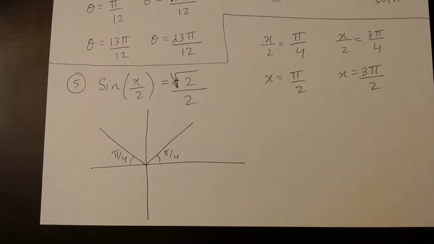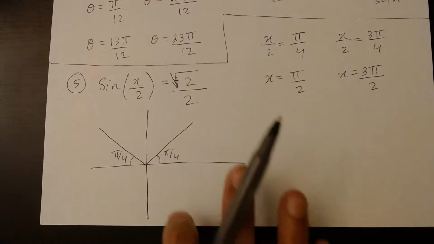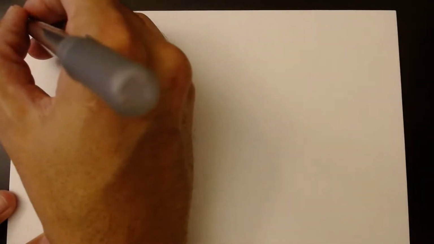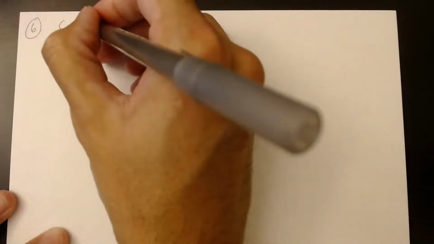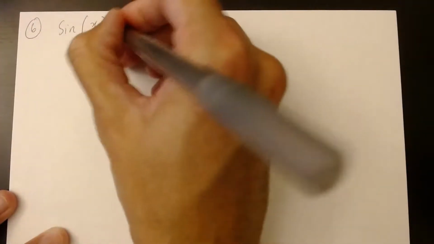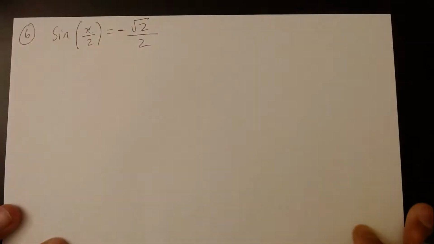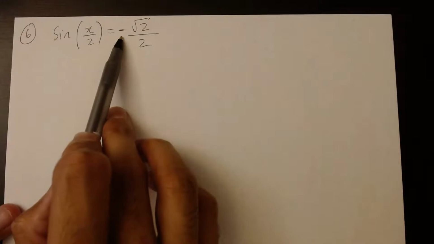All right, let's try another question. This is going to be the last one in this worksheet. It's going to be very similar to the last one, just slightly more difficult. So sine x over 2 equals negative root 2 over 2. So almost identical. The only difference is the negative.